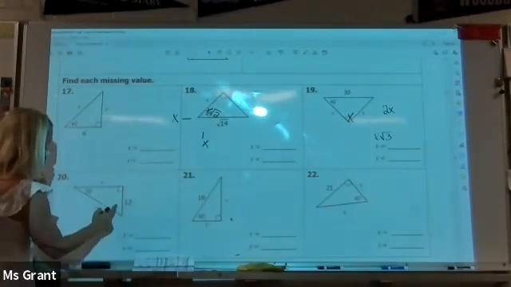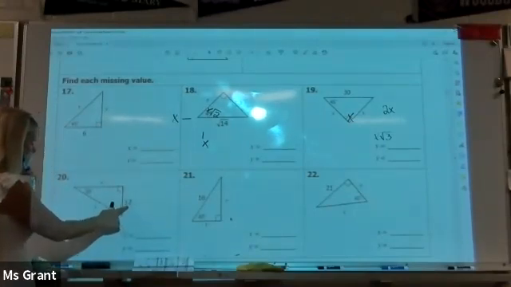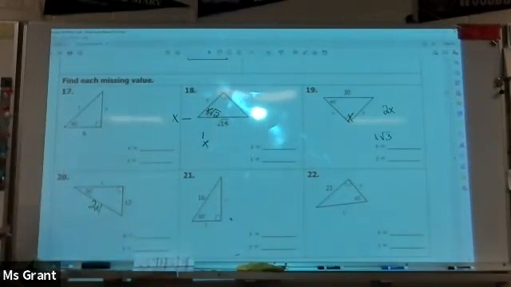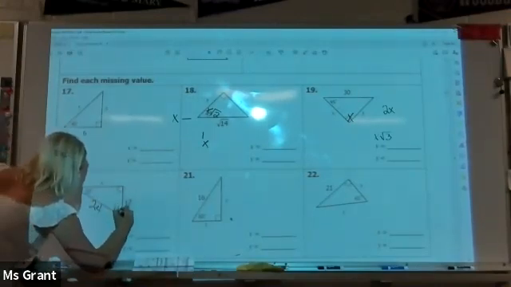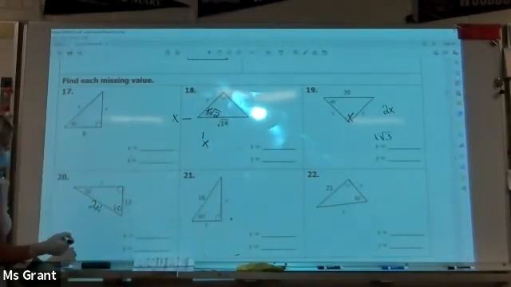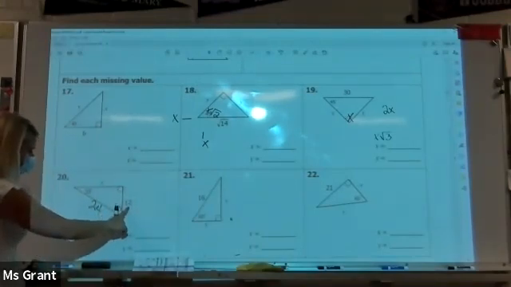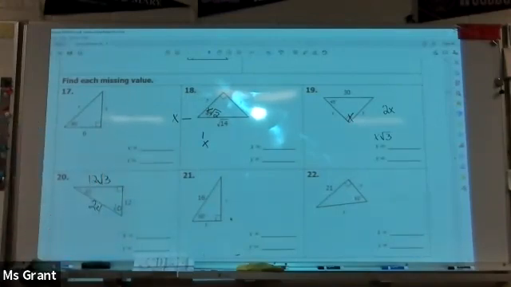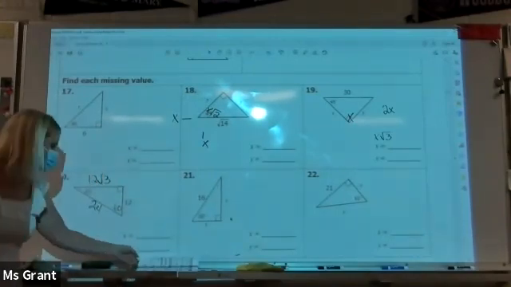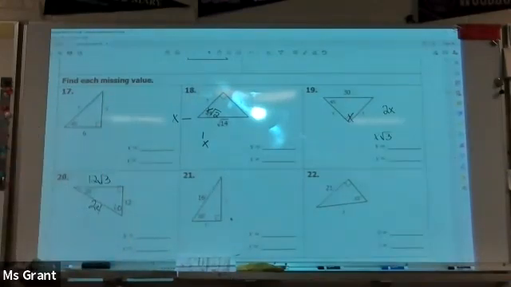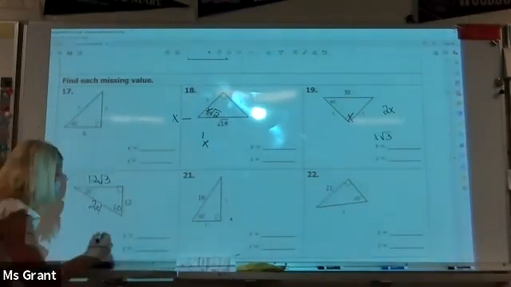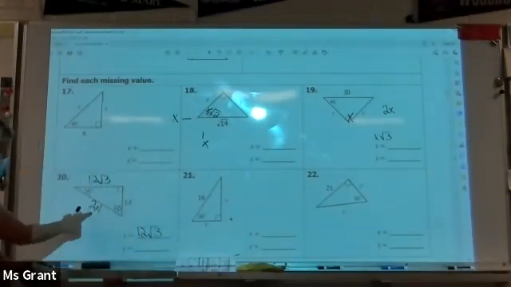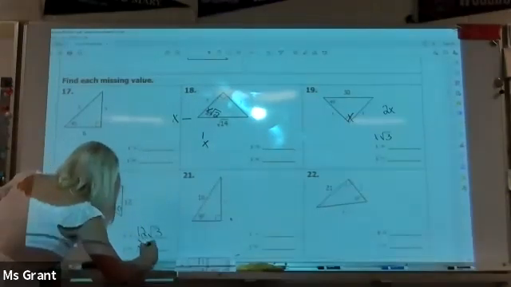Opposite the 90 is double this. So this is 24. This must be 60 degrees. If this is my initial value, this will be 12 rad 3. Okay, 12 rad 3 is that. This line up here, this value is 24.